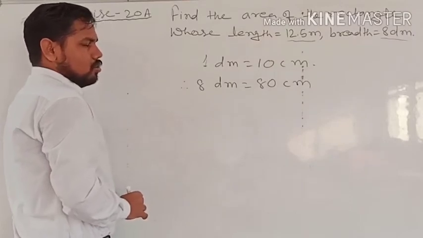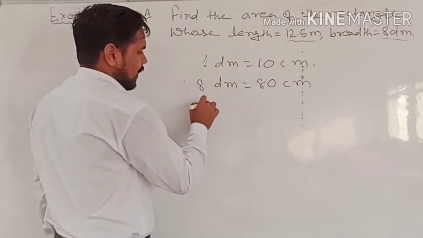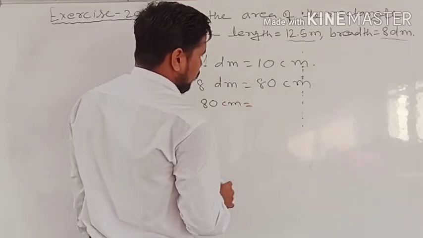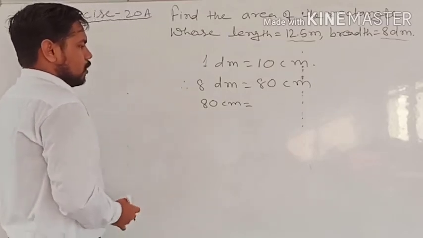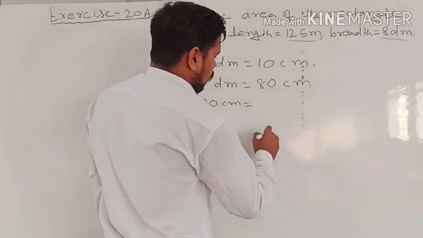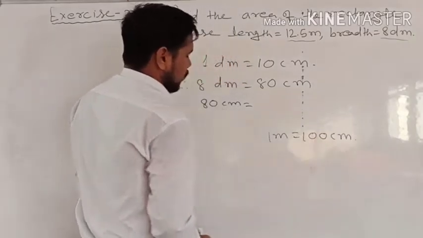Now we have 80 centimeter, so we will convert centimeter into meter. We also know 1 meter is equal to 100 centimeter.